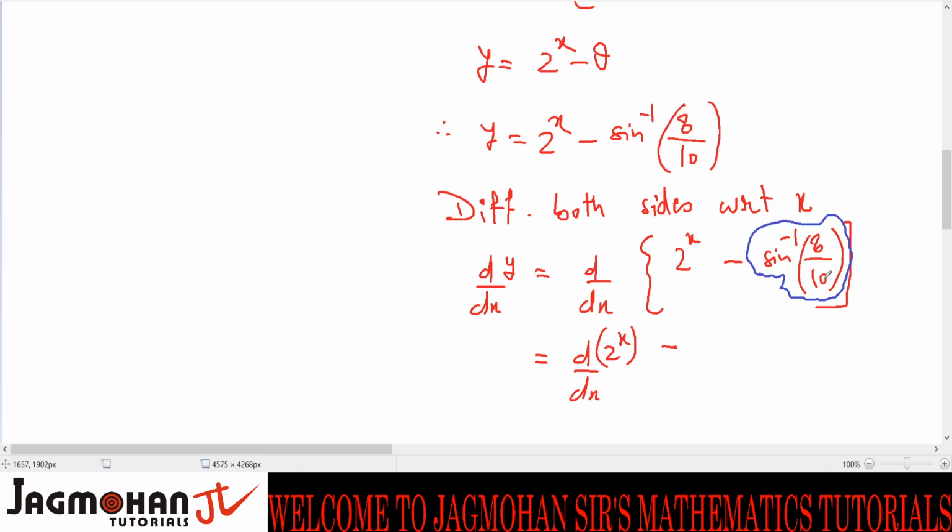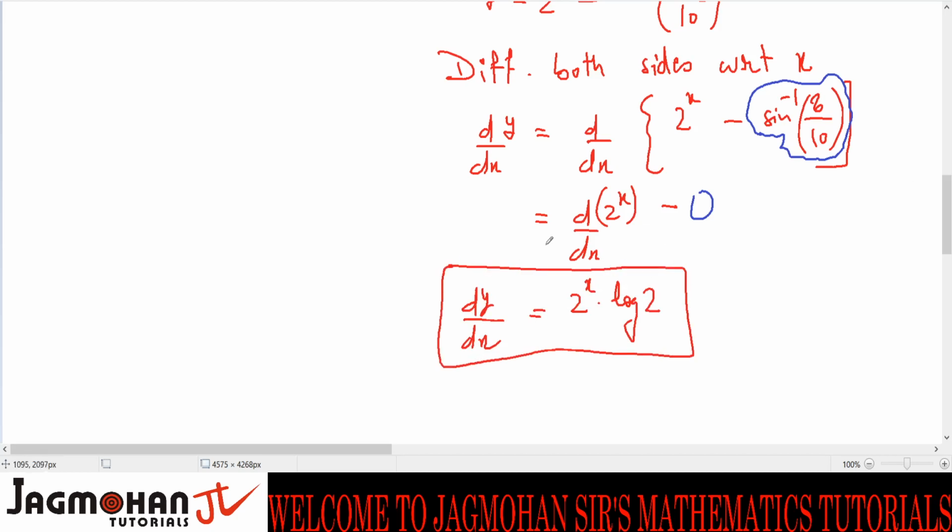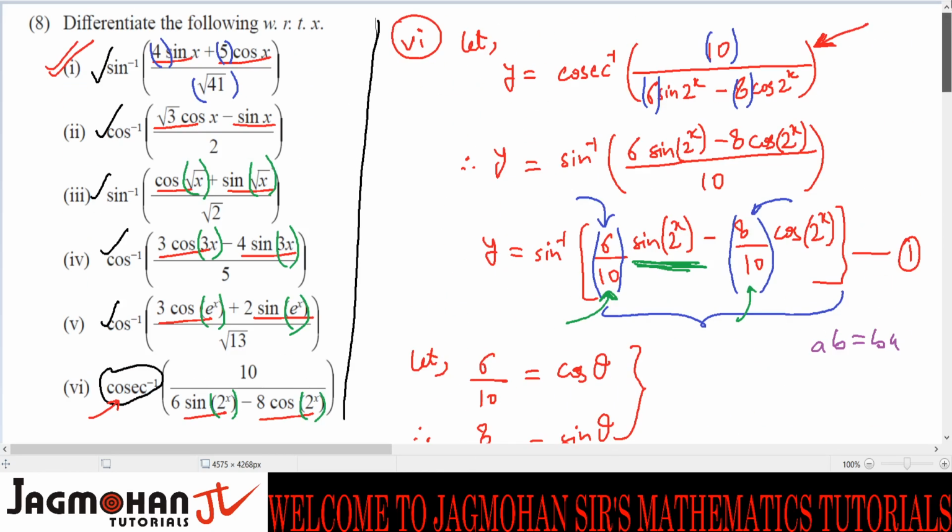No, it is a constant function. Its derivative is 0. So the next step, the left hand side is dy by dx, and d by dx of 2 raised to x is 2 raised to x into log of 2. This is the answer. 2 raised to x into log 2.